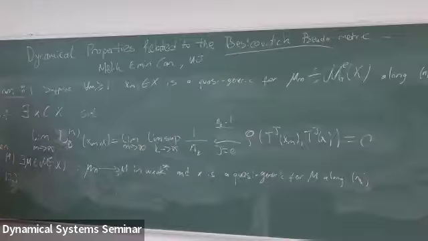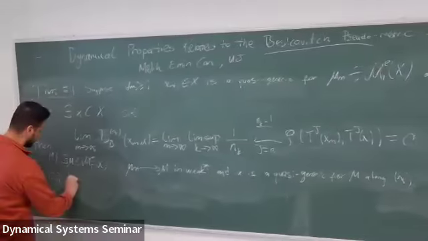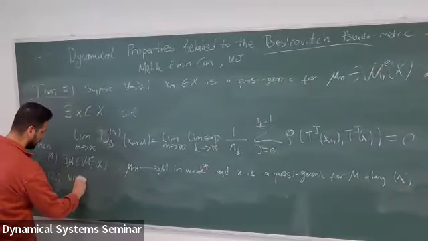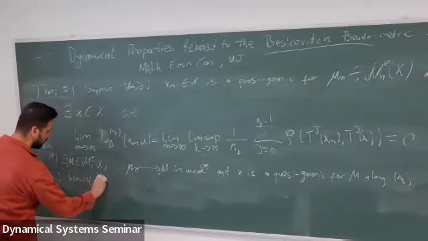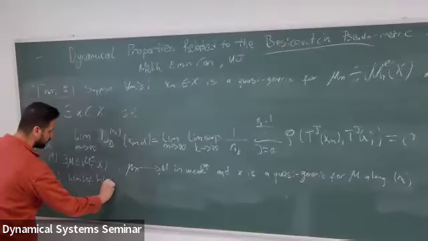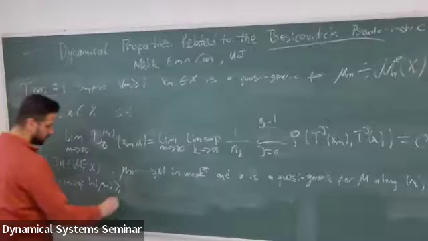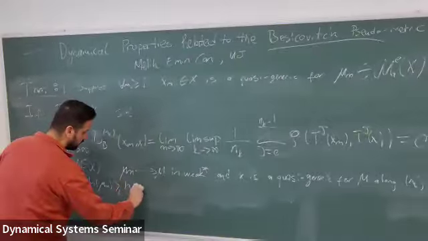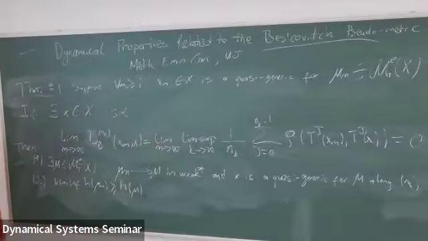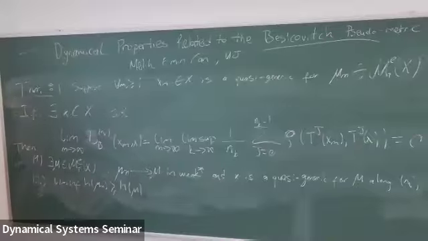Those are the results. And the limit infimum of measure-theoretic entropies of mu m is greater or equal than the measure-theoretic entropy of mu.